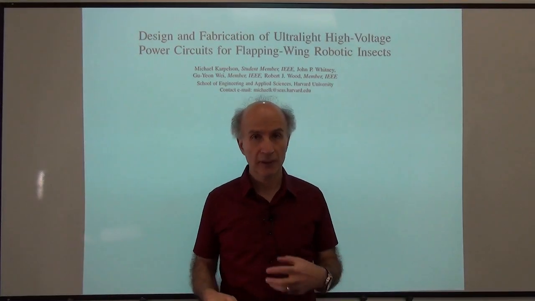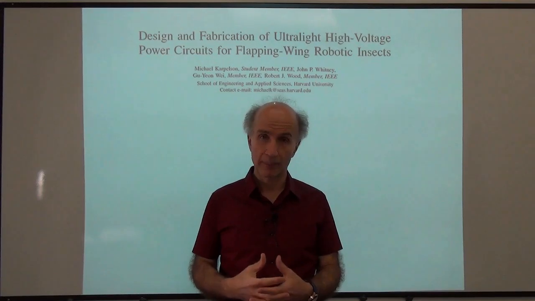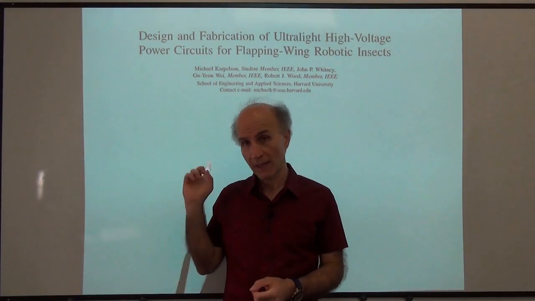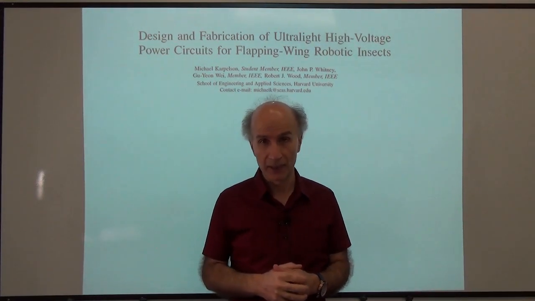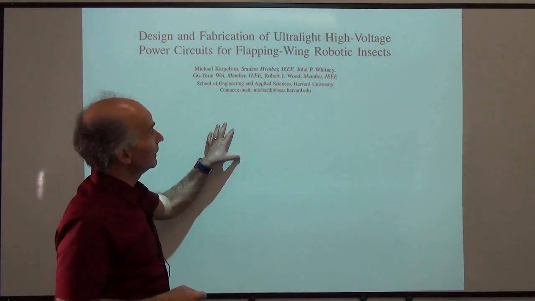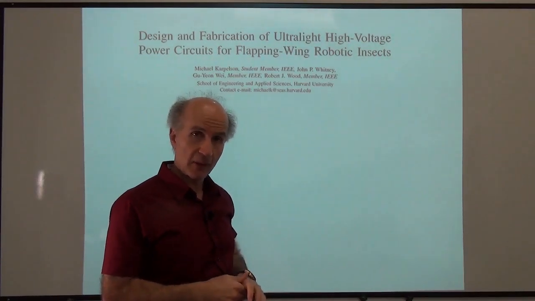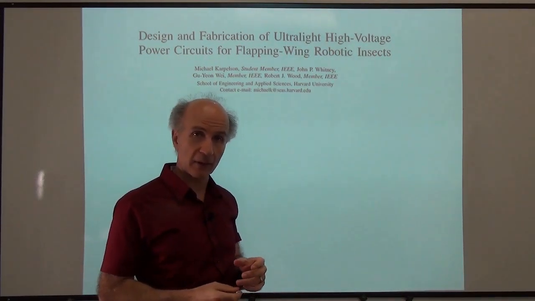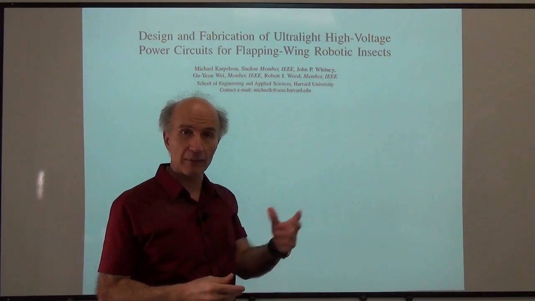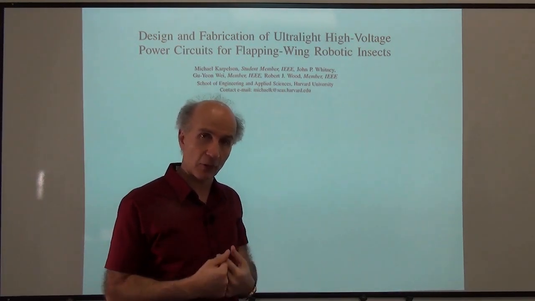As you can imagine, circuits and electronics also have wide application in robotics. So here's an example that is quite interesting. In this paper, they deal with flapping wing robotic insects. So these are very small insects that are robotic, and they can travel to different places and collect information.